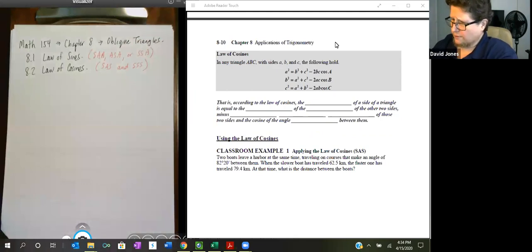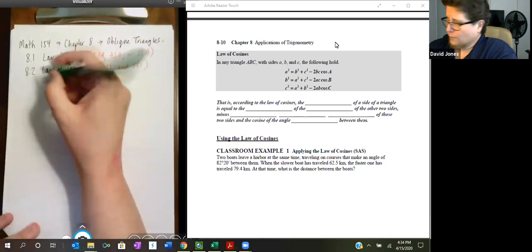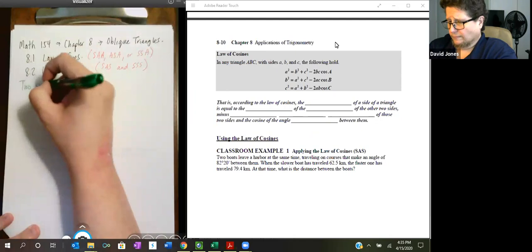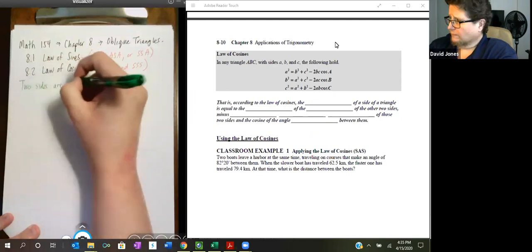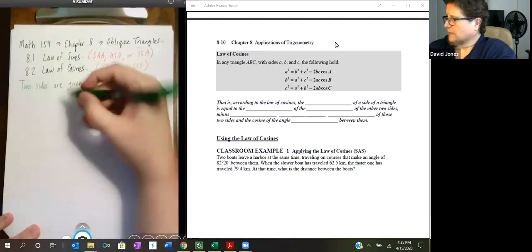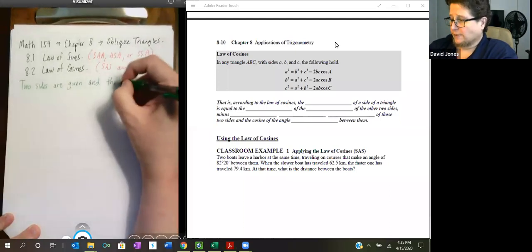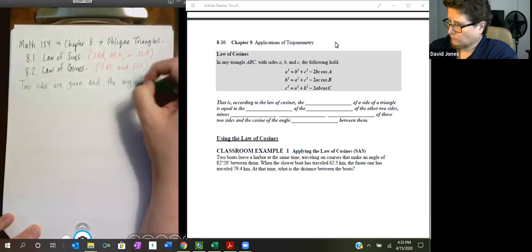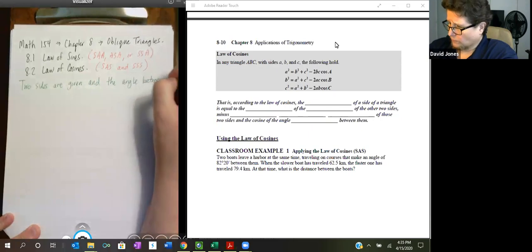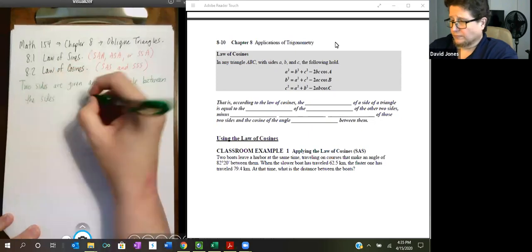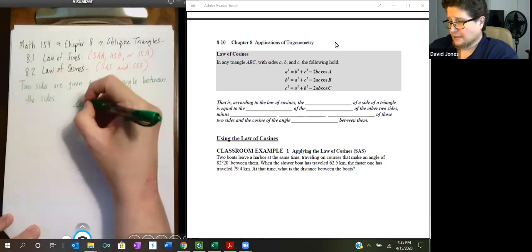So in this one, we have two given sides and the angle between the sides, like that.